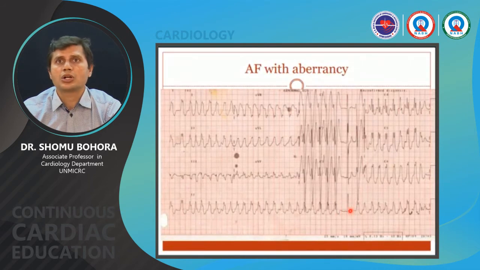Now this is not a capture beat because it is coming later than the initial tachycardia cycle length. Actually this is possibly a normal conducted beat, while these are aberrant because the initial R is very sharp in the conducted beat. So initial sharp, later slurred, likelihood of aberrancy.